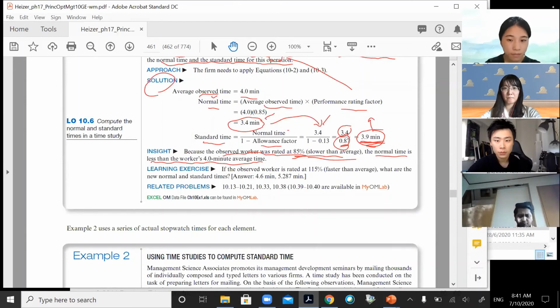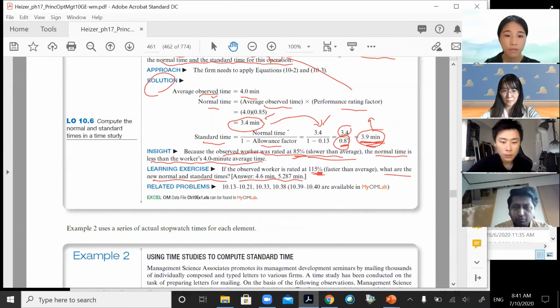Right. So if the observed worker is rated at 115%, what are the new normal and standard times? How do you do that? Any ideas? Can someone help me?